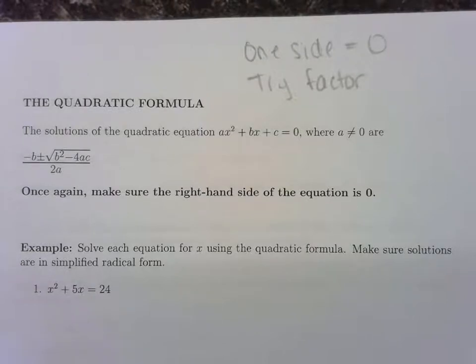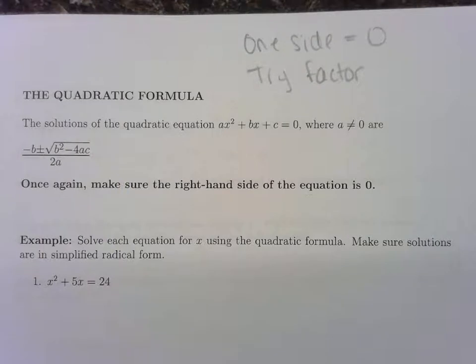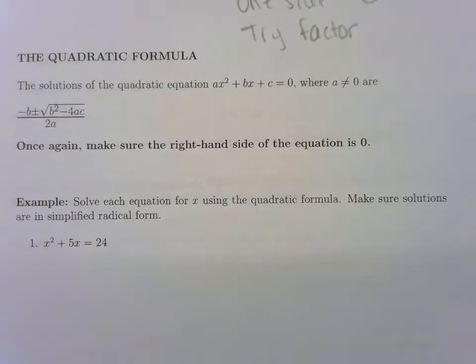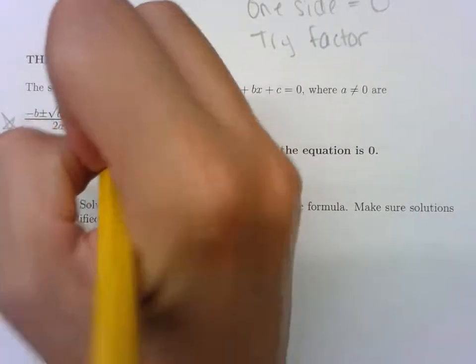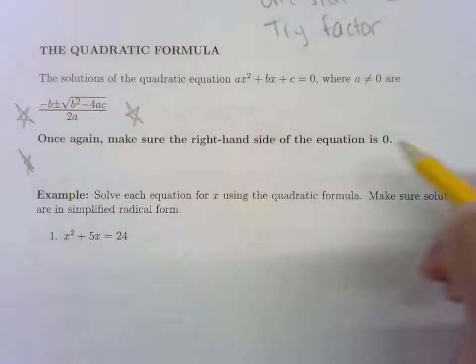If you can't factor it, then you use the quadratic formula, which says the solutions of the quadratic equation ax squared plus bx plus c equals 0, where a doesn't equal 0, are negative b plus or minus the square root of b squared minus 4ac, divided by 2a. This has to be memorized. There will be a couple questions on your SAT where you'll need to use this, or it'll be helpful to know. Once again, make sure the right-hand side of the equation is 0.